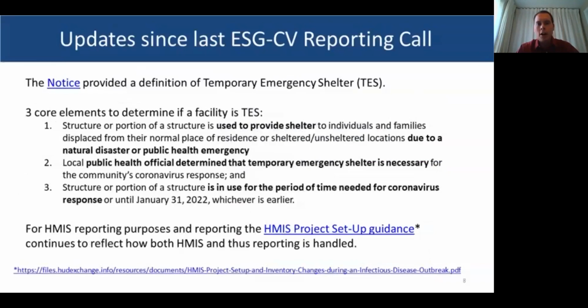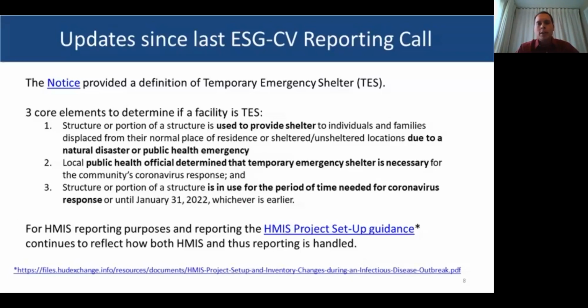So I'm going to start us off on this clarification now, this change in the temporary emergency shelter piece from what we had said before, and Michelle actually is going to run through a few examples after that. So previously, we had talked about temporary emergency shelter being a shelter that has not met habitability. The notice is slightly different than that.